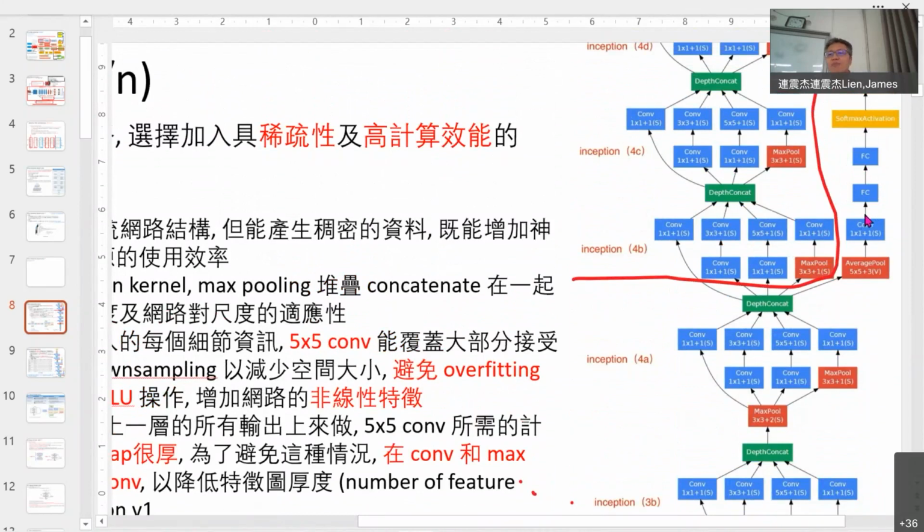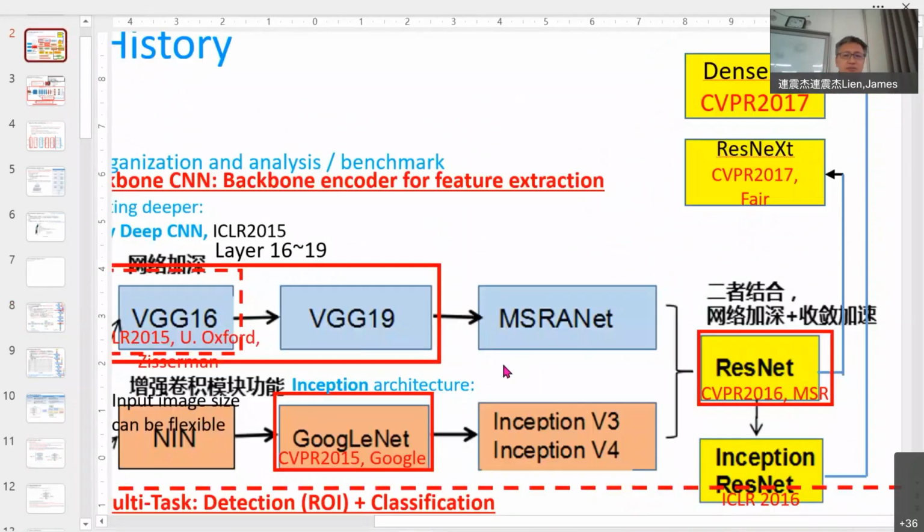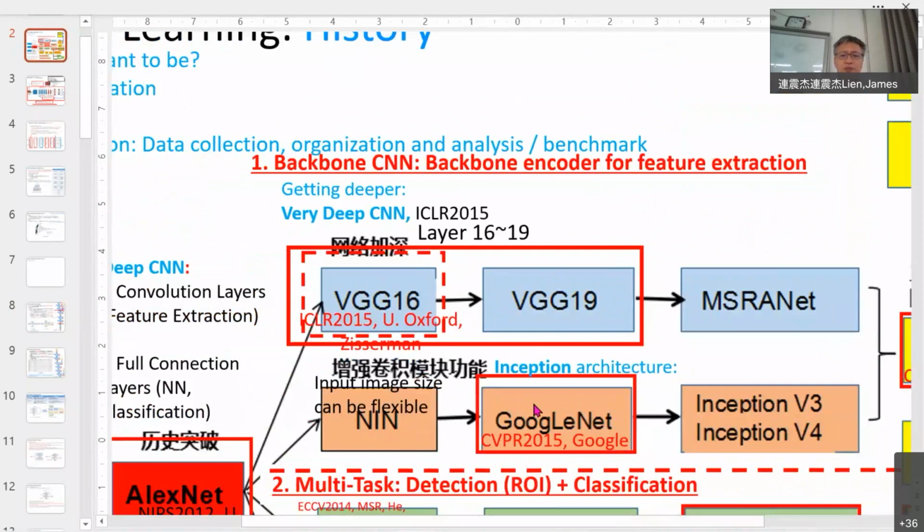Before average pooling, we used something like VGG, but here they use inception. At this time, there were two papers, both published at CVPR 2015, in the same year.